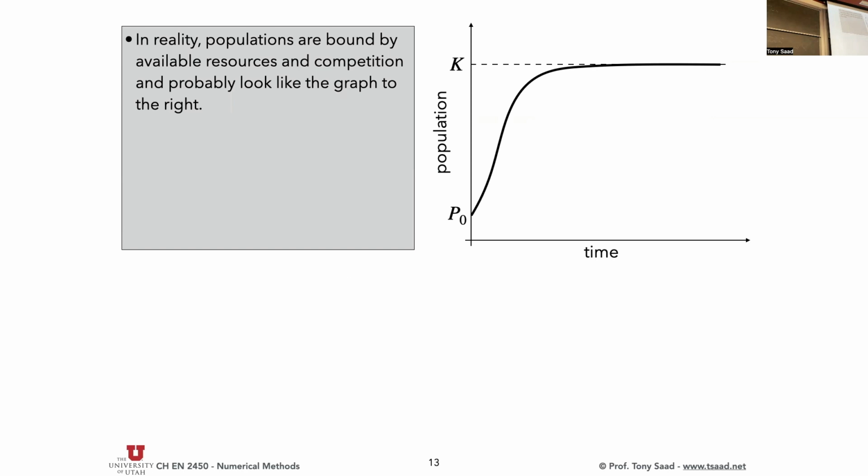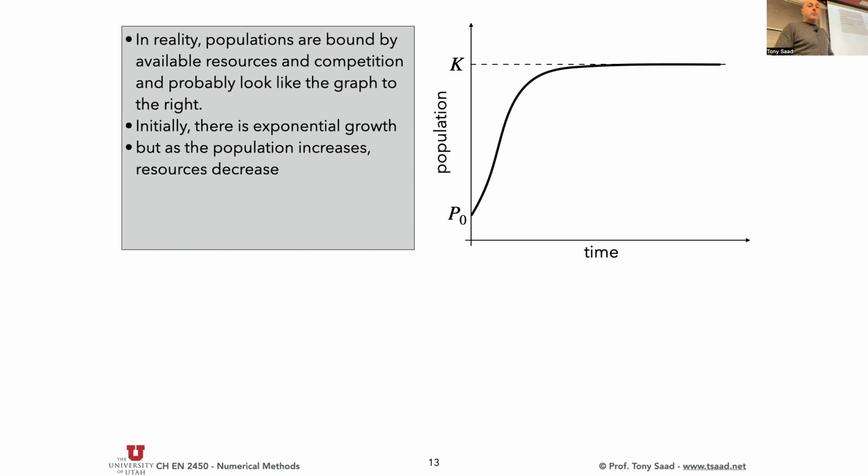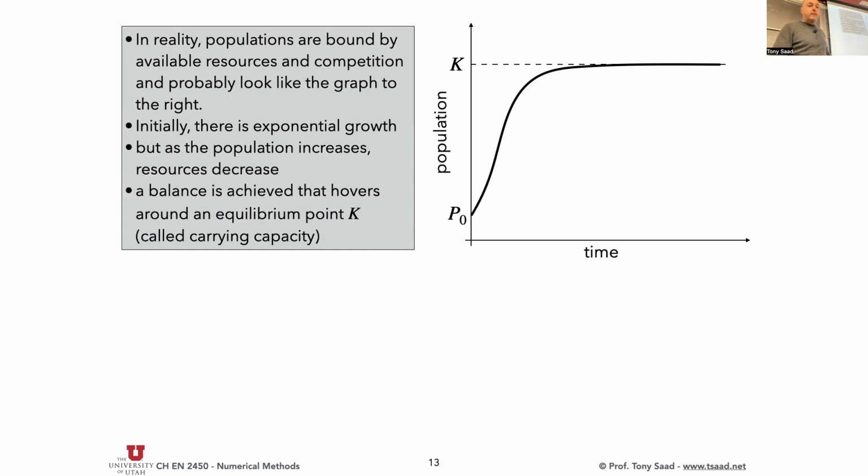So typically a population grows exponentially, just like we are on the planet, and after a while we hit an equilibrium with our resources, birth and death and predation, etc. So typically, in reality, a population starts growing exponentially but then reaches a plateau. We call that plateau the carrying capacity of the population. We describe it with the number K. So it looks something like this. Initially, there's exponential growth, but as the population increases, resources decrease, and we reach a balance.